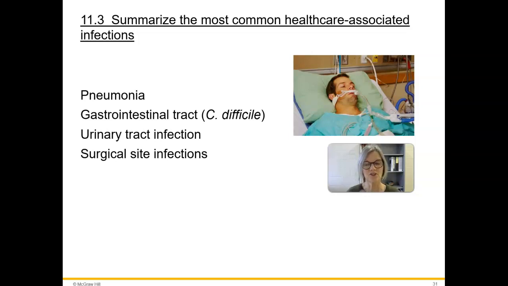Bacteria can accumulate in them, back up into the urinary tract, and cause these UTIs. Surgical site infections can also occur due to surgical wounds. These healthcare-associated infections may appear during the time the patient's in the hospital, but they might also appear once they leave the hospital, but still associated with the procedures done in the hospital.